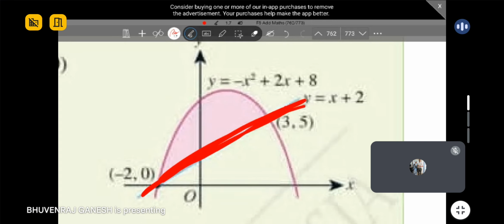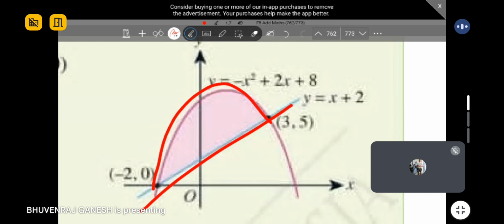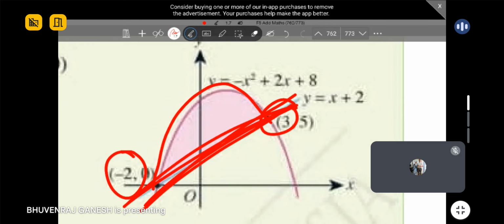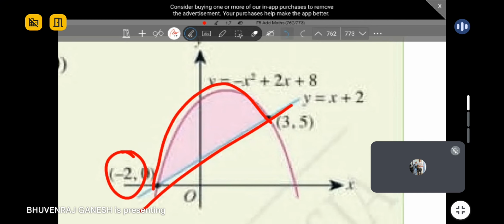Jangan sesiapa kata saya kamirkan terhadap paksi ini. Ini bukan paksi. Ini adalah garis lurus. So don't say you integrate from negative 2 to 3 with respect to this straight line. Salah, we cannot integrate like that. You can only integrate with respect to y or with respect to x. Dua pilihan saja, nothing else.